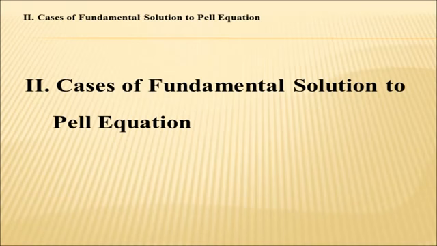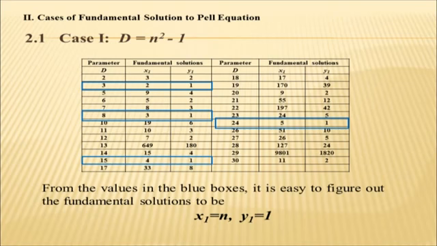Second, we would like to go into some cases of fundamental solutions to Pell's equations. The first case is d equals n squared minus 1. As shown from the values in the blue box, it is easy to figure out the fundamental solution to be x1 equals n and y1 equals 1.